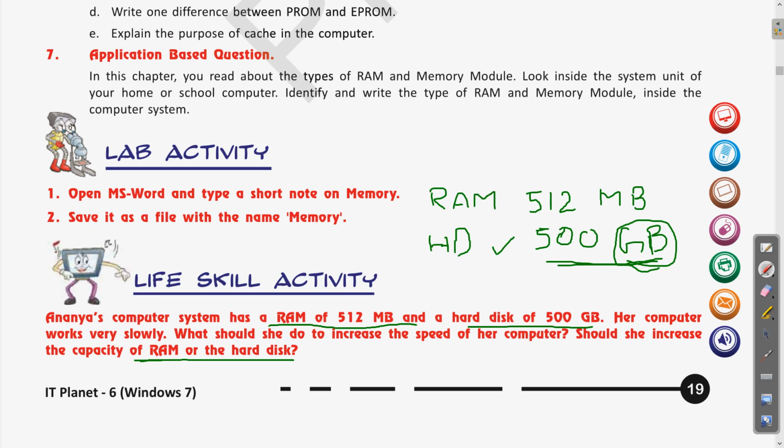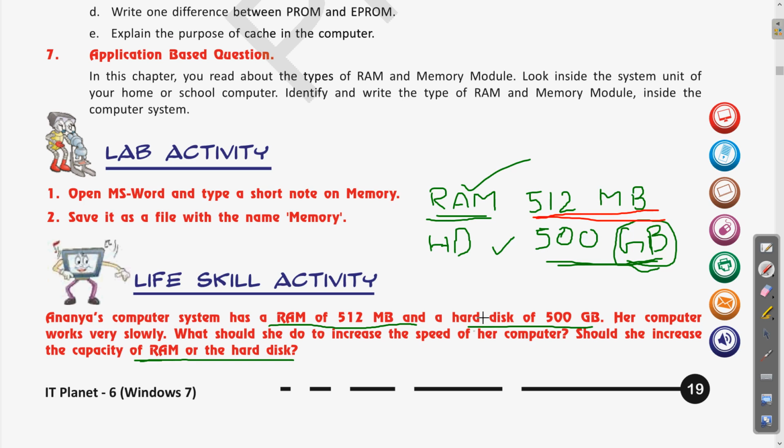So if you want to increase the processing speed of the computer, you can increase the RAM. So what will be increased? RAM will be increased. Why? Because the size is 512 MB. MB is megabyte and it is less than gigabyte. Clear? So 512 MB is less space, and the RAM can be increased for increasing the processing speed of her computer. I hope this is clear.